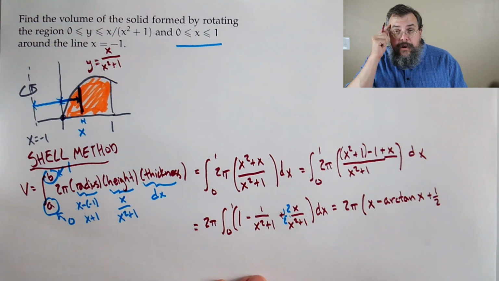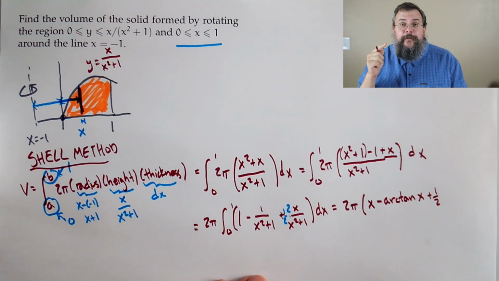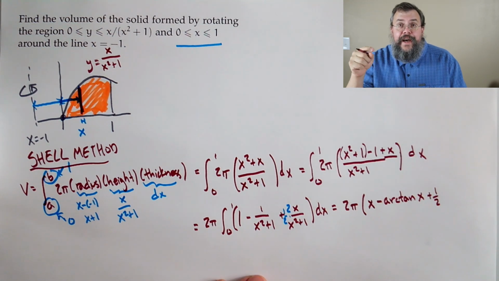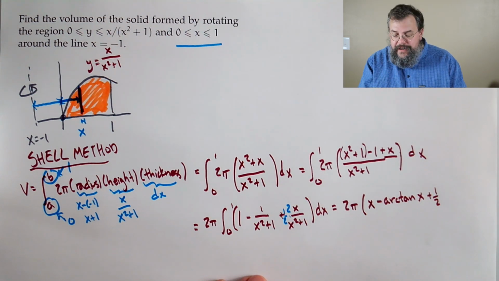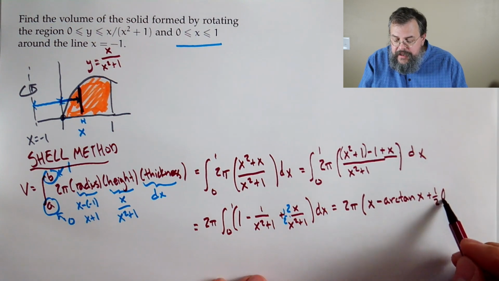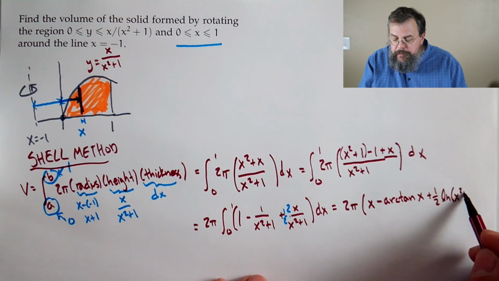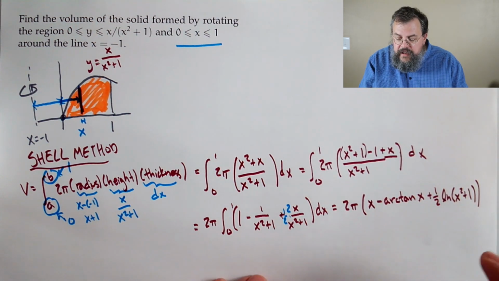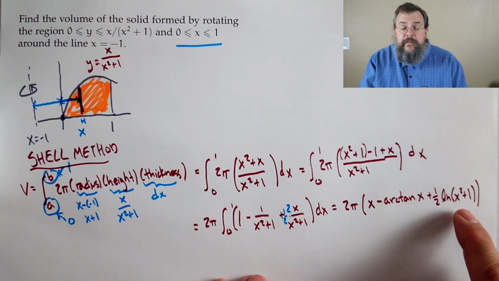Well, this is one that hopefully we can do in our head. Think of it as u equals x squared plus 1. Du would be 2x dx. So it's 1 over u du, natural log. So it's a natural log, in our case, of x squared plus 1. Now, if you don't believe me, take the derivative of 1/2 natural log of x squared plus 1.